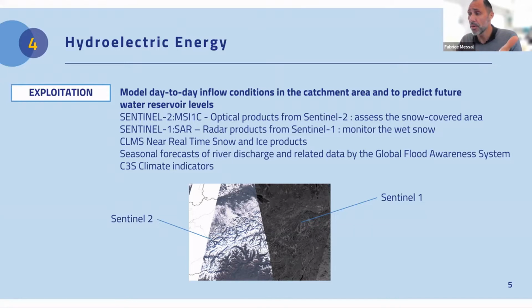There is a seasonal forecast of river discharge. You have a lot of indicators provided by the Copernicus Climate Change Service. So there are some products you might be interested in for the exploitation phase of your hydroelectric site. And this is an example of the viewer with an image of Sentinel-2 and a radar image from Sentinel-1.